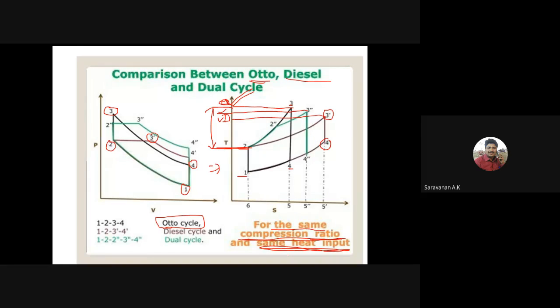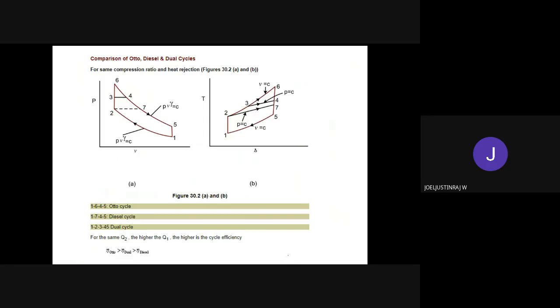Okay, right. The same we can write here, for the same compression ratio. See which one has the temperature difference.